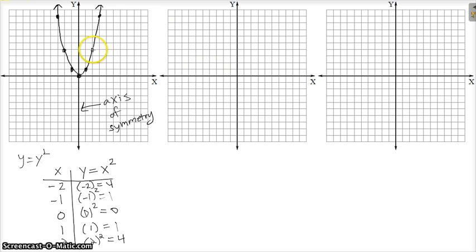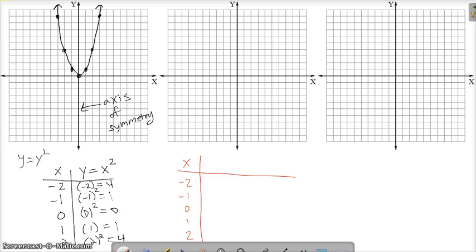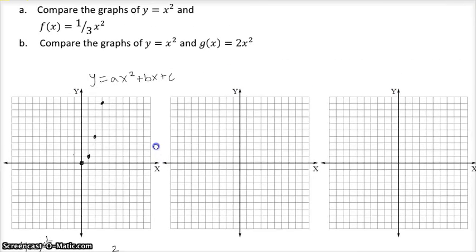Another thing that's interesting about it is the fact that it doesn't go in one direction anymore. It goes up, comes back down, and then goes back up again. So what we need to do is compare this with a different graph. I'm going to take these exact same values and multiply them by 1/3, because it's asking me specifically for 1/3.